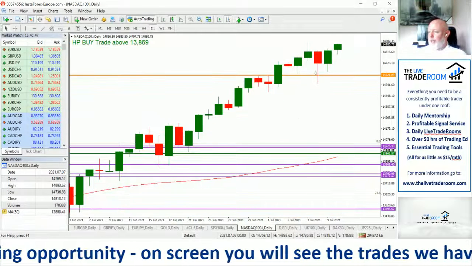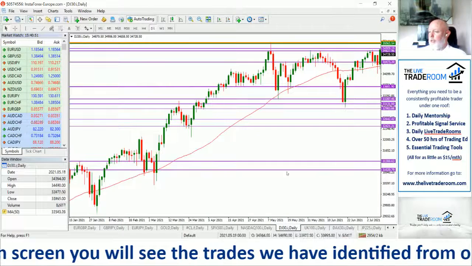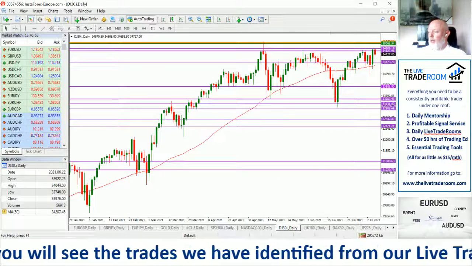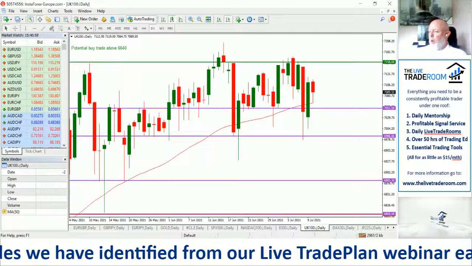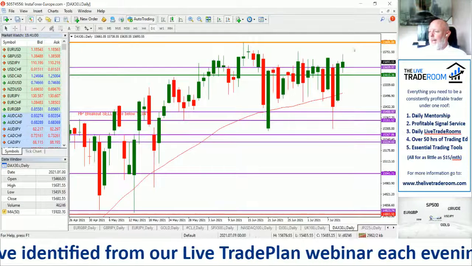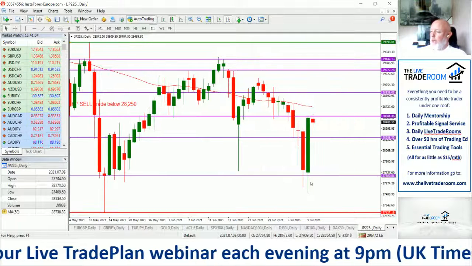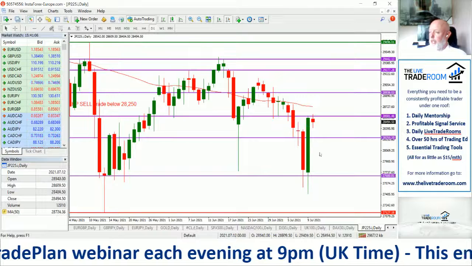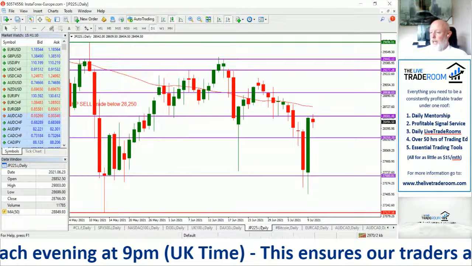The Nasdaq, same position, all-time highs again. Dow Jones, very close to all-time highs. Things are a little bit more cluttered for the FTSE, but the DAX is looking a lot more positive. And we had a really positive day for the Nikkei on Friday. It just remains to be seen what's next.